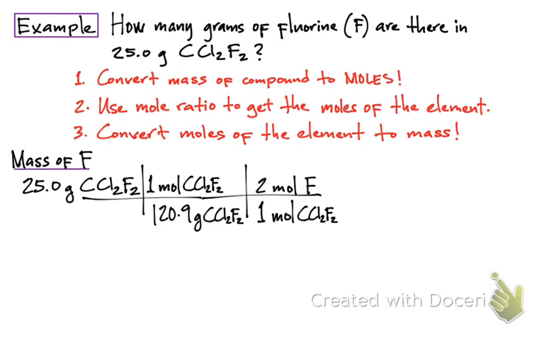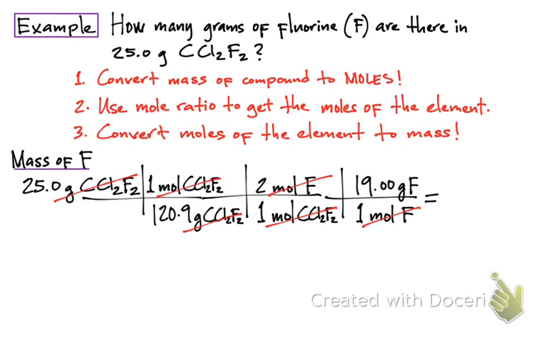Then we add another bracket, which is the molar mass of fluorine, because in step 3 we're converting the number of moles of fluorine to mass of fluorine in grams. You can see the units canceling out, leaving you with the units in grams. So we have 7.86 grams of fluorine.